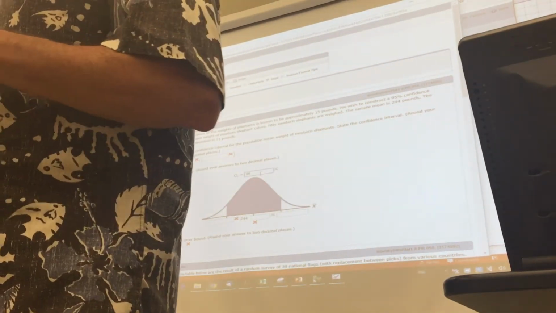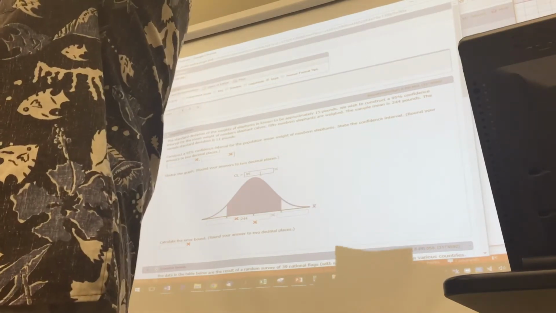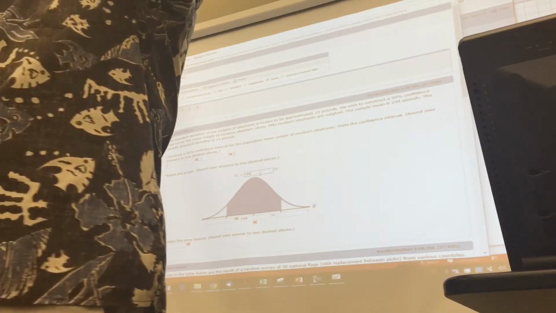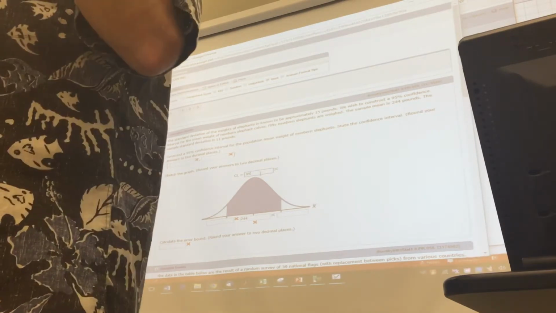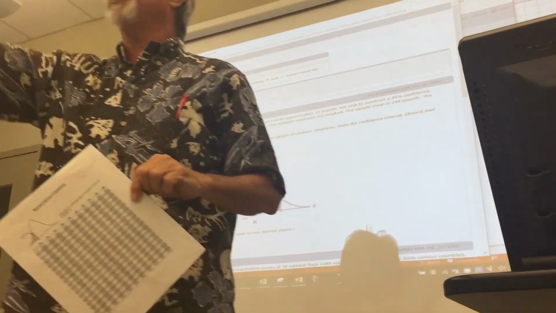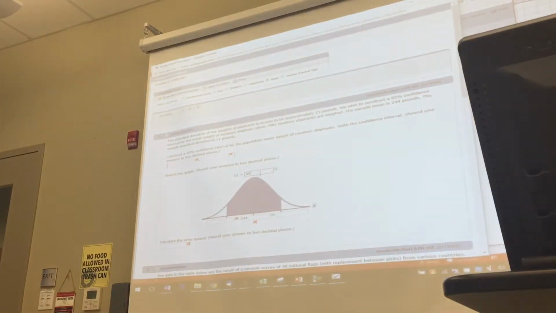Known. So if the standard deviation of the population is known, I use the Z table. See, these are the things that you have to run through. So there's my Z value.